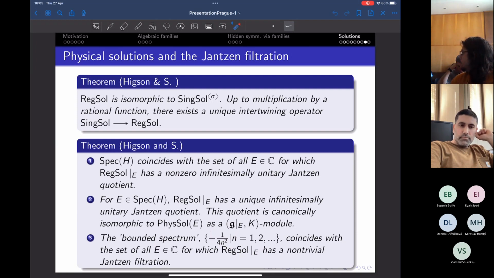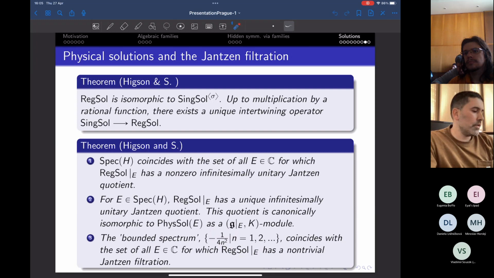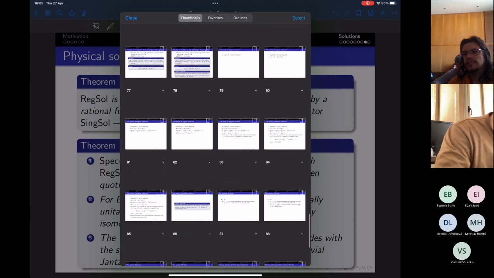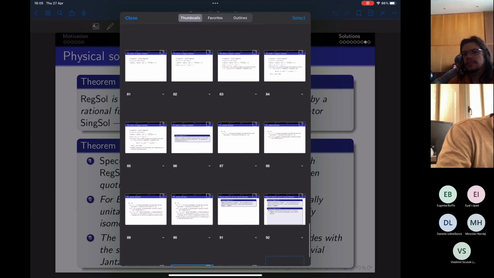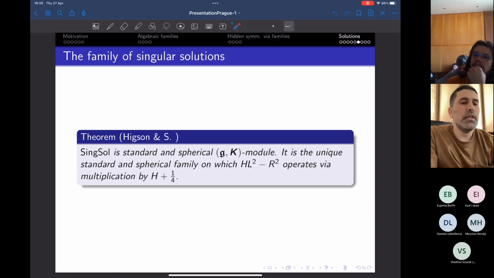May I ask a question? Sure. Is it somehow relevant for what you described, the fact that the hydrogen atom is a superintegrable system? Yes. Let me see if I can find this slide fast. The fact that something is superintegrable gives you, in simple words, some non-trivial polynomial relations between generators.